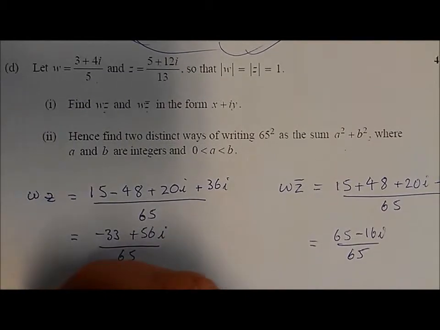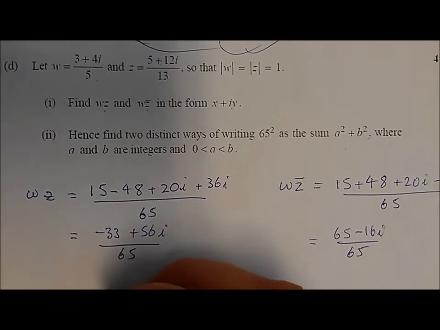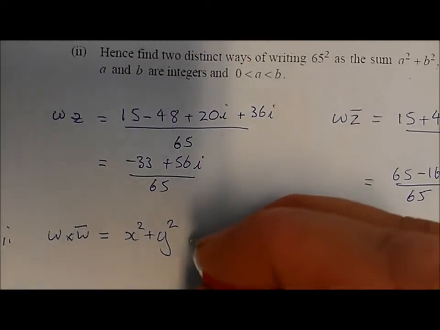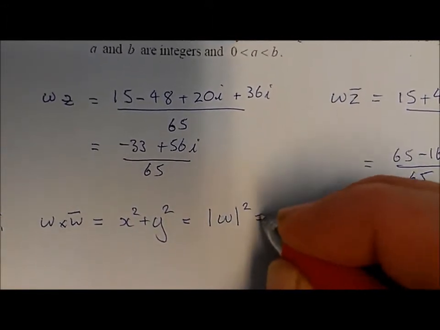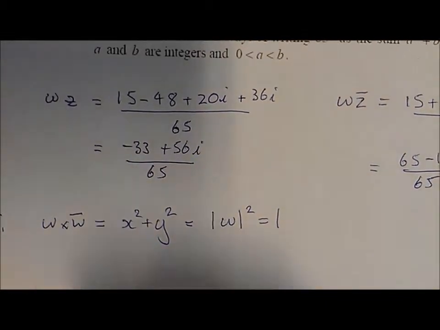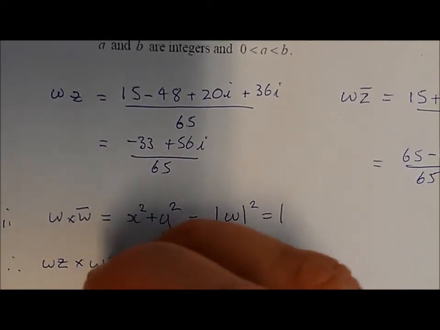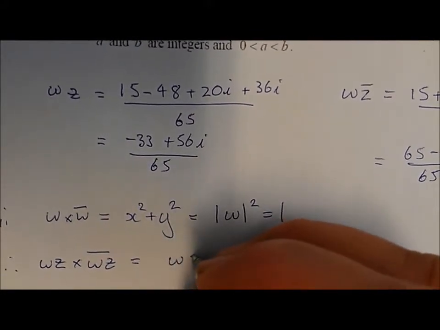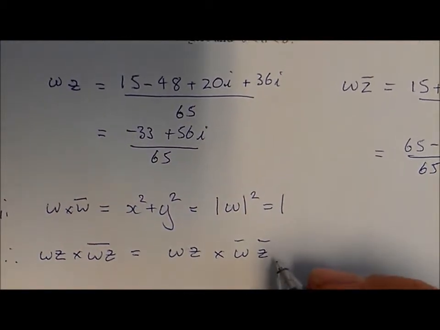So in other words, if I took w and multiplied by w bar, I would get x squared plus y squared, and that would be equal to the modulus of w all squared, which is simply equal to 1. And that can be quite useful to us. So therefore, if I take wz and multiply by wz bar, I'm going to get wz times, now, w bar z bar when I separate them out.